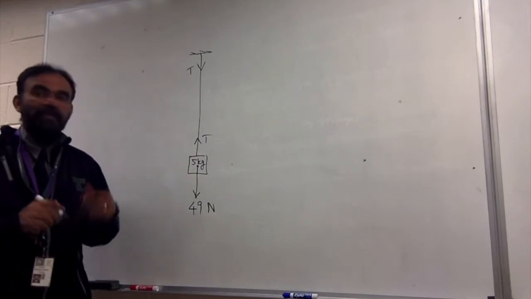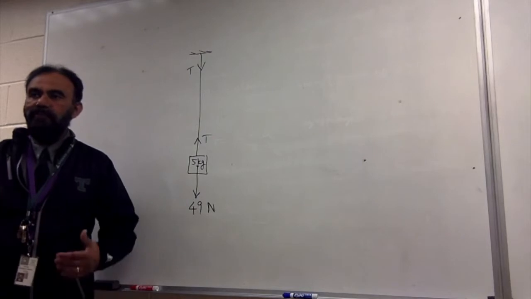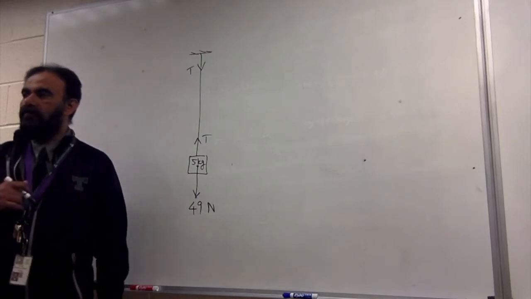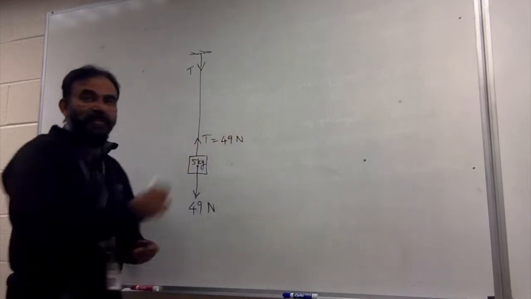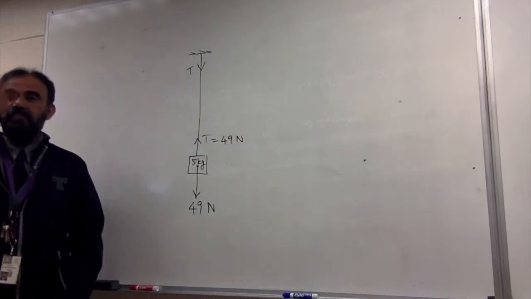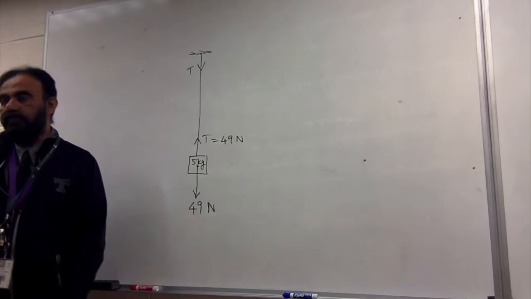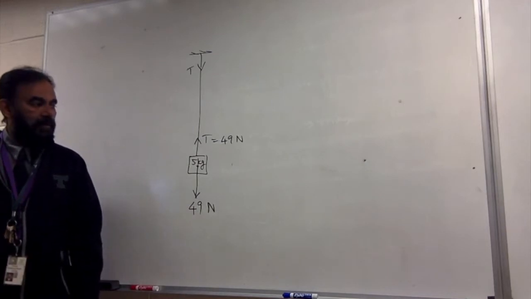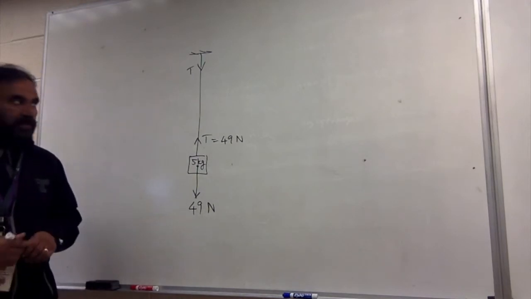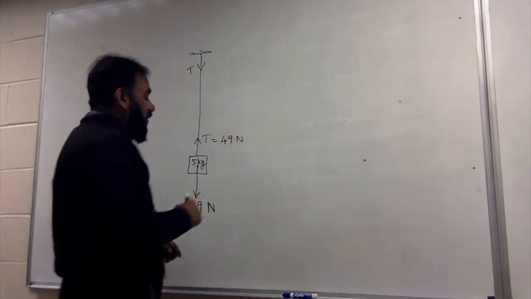According to first law, if it is at rest, net force is supposed to be 0. And therefore, tension is 49 newtons. So we discovered that there is a tension in the string, and that is 49. Simple. Okay? Tension is 49 newtons.